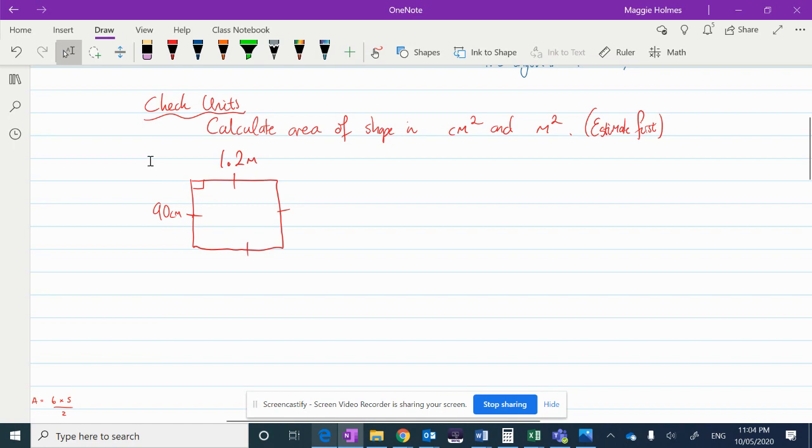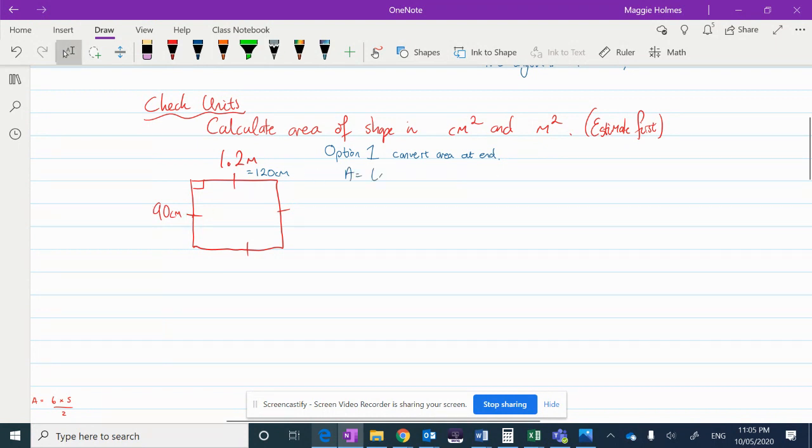Option 1. You can change everything into the same units. So let's say that this is equal to 120 centimeters. Well, actually, you have to make them the same units regardless. So option 1, convert area at end. Okay. So we've got centimeters and centimeters.